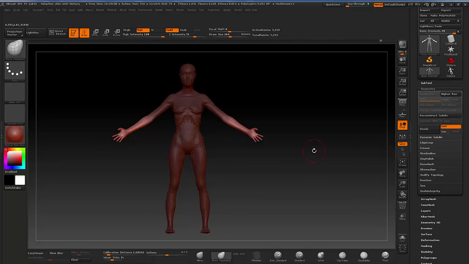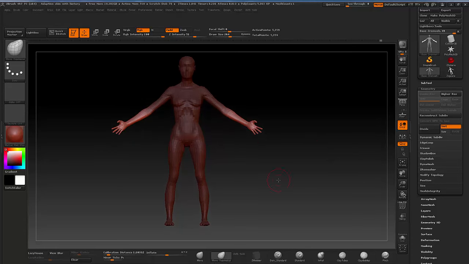The next step is I would take it over into Modo, and I would make sure that it's aligned into center world space, and I would put, and I'm going to show you this in the next video, the locator or the center pivot point to the feet, and I will explain why I do that. And I'll make sure that it's scaled to real world scale, i.e. this would be a 5'7" person, 5'7", 5'8".